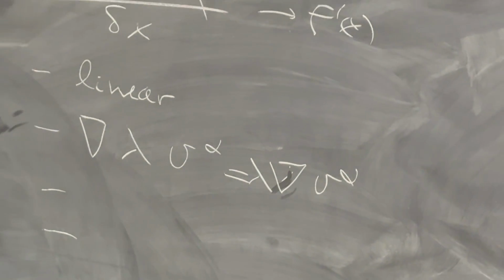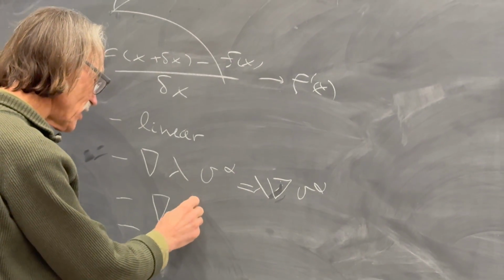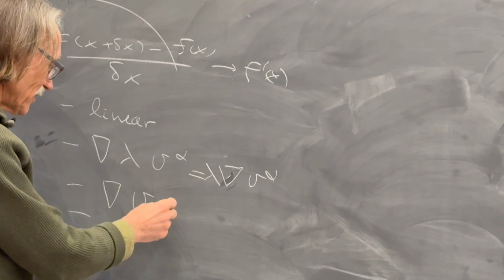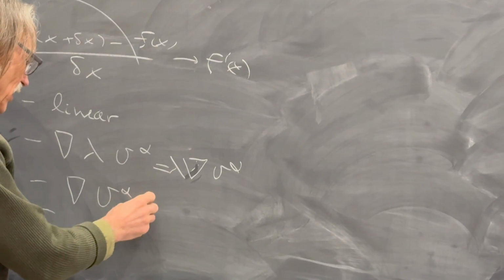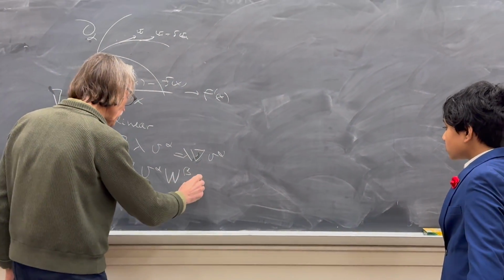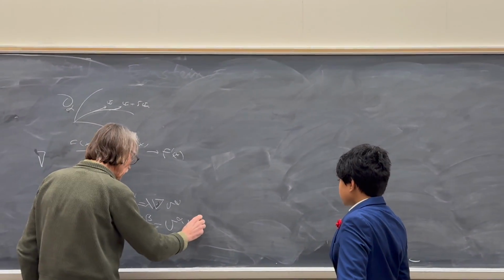It should be linear. It should obey Leibniz rule. You know Leibniz rule? What is that? That if you have the derivative, say, of two vectors, that is the product rule, really.